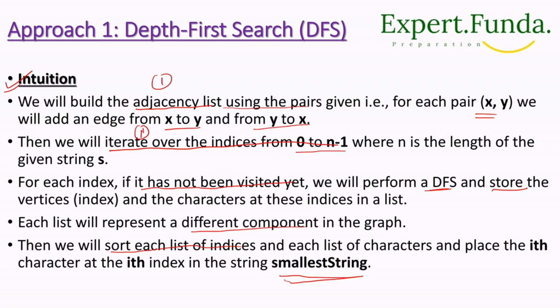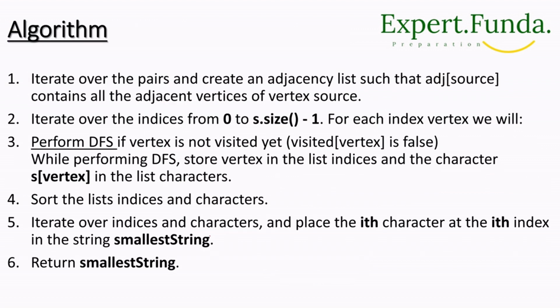For each index, if it is not visited, then we will perform DFS, and we will store the vertices and the character at each index. Finally, each list will represent a different component in the graph, so we will sort these and then return that.